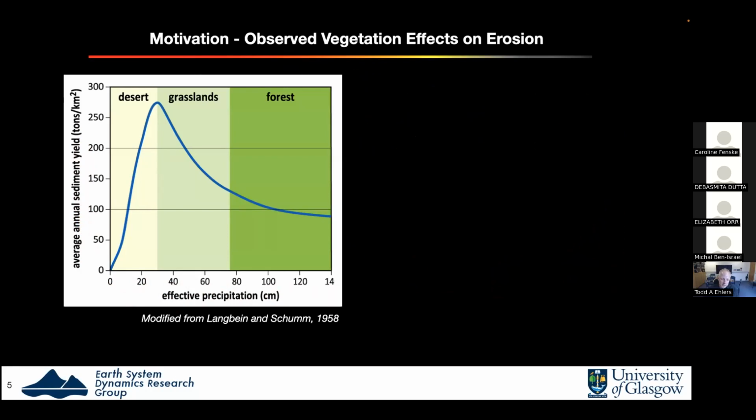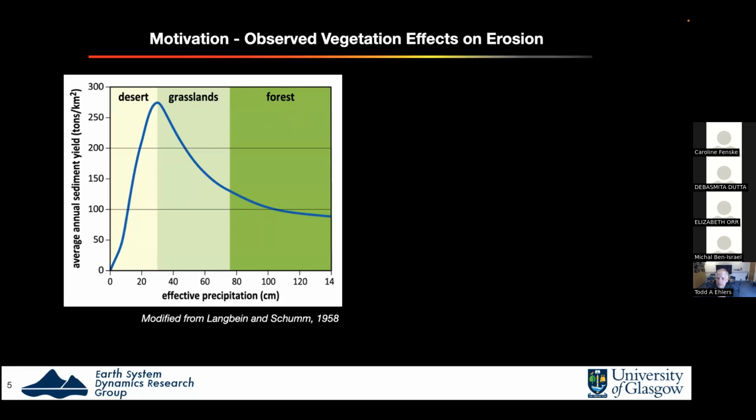And what's really interesting is that you have this kind of nonlinear bidirectional effect going on, which they interpreted as a function of the different ecosystems that kick in as you have different amounts of precipitation. Now, truth be told, there are actually only about 6 data points on this plot. And this has raised a lot of interest over the years.